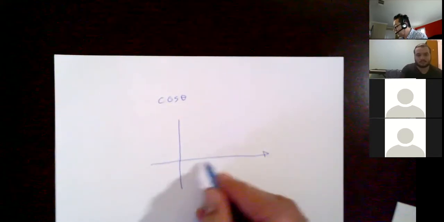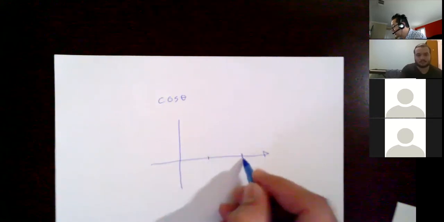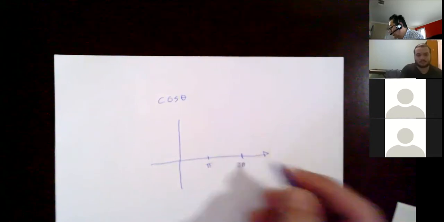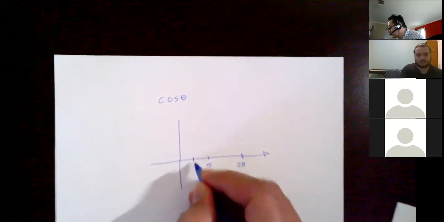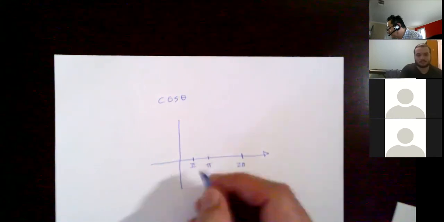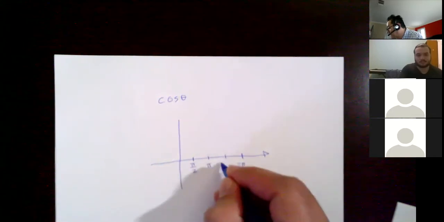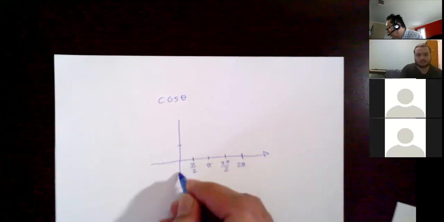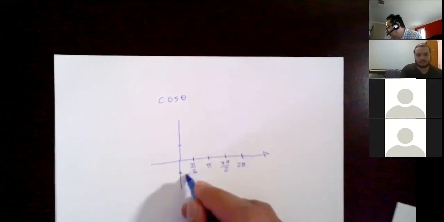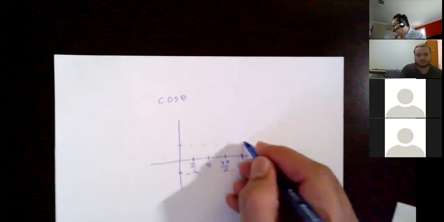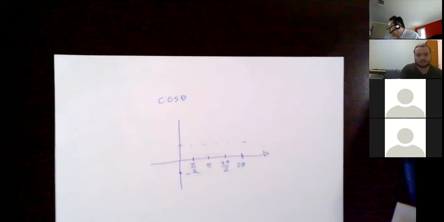The cosine, we know that the period is 2 pi, and we know that the amplitude is negative 1 to 1.